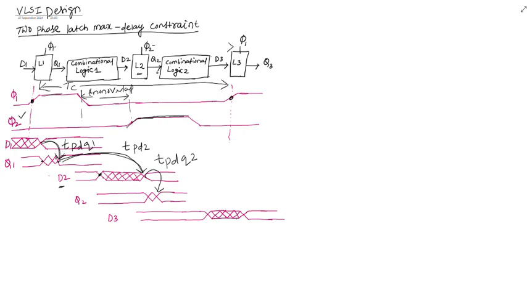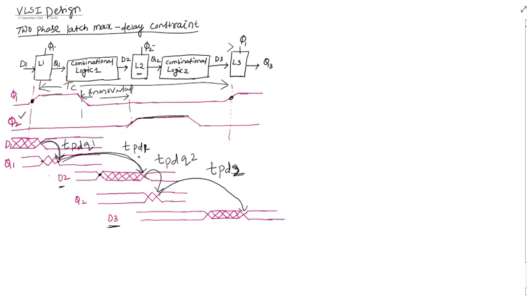Next, this Q2 is given to a combinational logic. Same thing, it will take some delay, that is known as propagation delay. After the propagation delay, the data will be a constant or settled data at the output, which is known as D3. So this delay is known as TPD2.